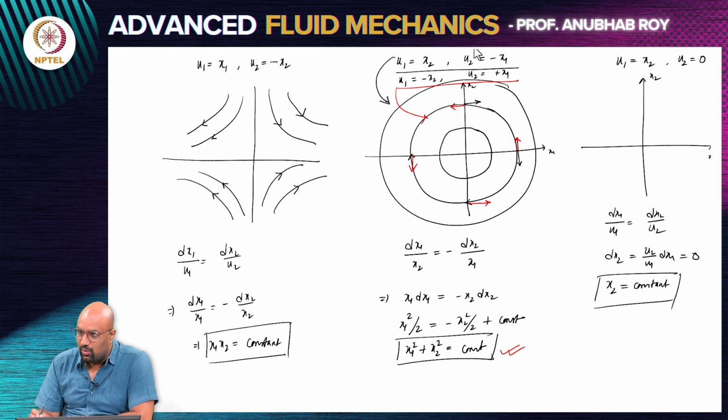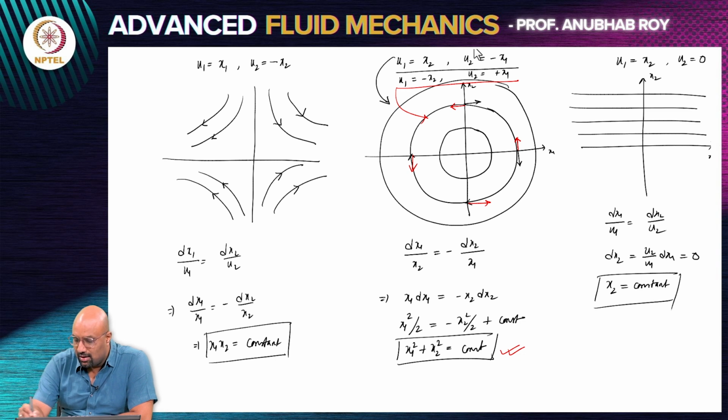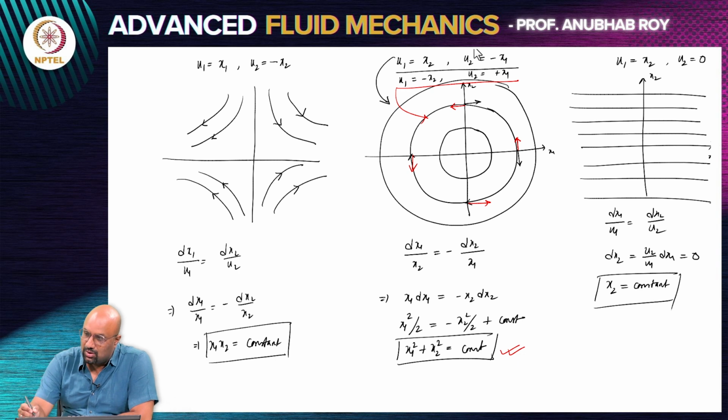Now, what is x2 equal to a constant? All lines that are horizontal or parallel to the x1 axis, those are streamlines. Direction, it's going from left to right.